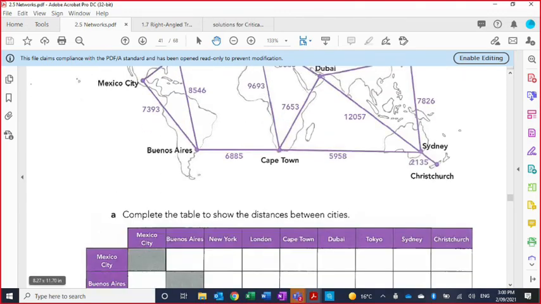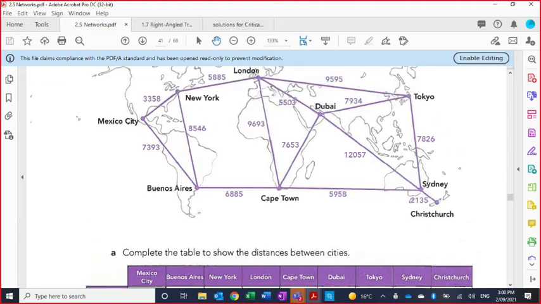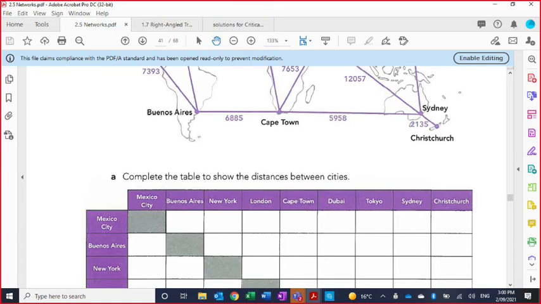If you have Mexico City to Buenos Aires, it does have a connection there, so that's 7393. So you would just put 7393. But in this kind of table, remember, you need to write it twice because there's a mirror image on the other side. Okay? All right.